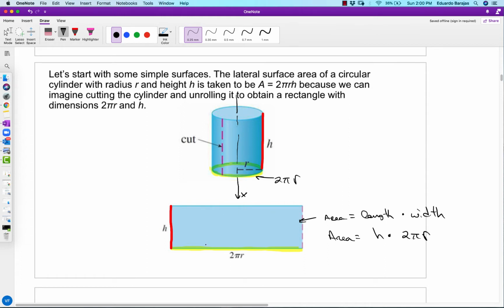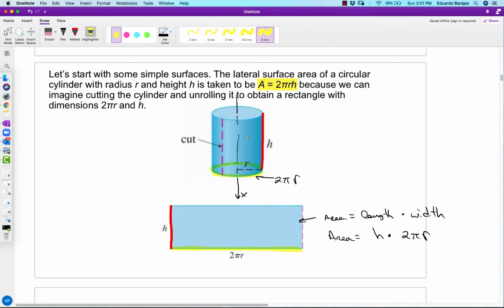In this context, when it's all rolled out, we think of it as an area, whereas over here it's exactly the same thing we're looking for: the area of the surface of this three-dimensional shape. So just moving it around a little is how we get this formula, A equals 2 pi r h. Good, and that's the area of this surface, the area of this cylinder.